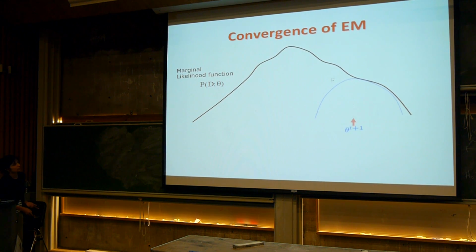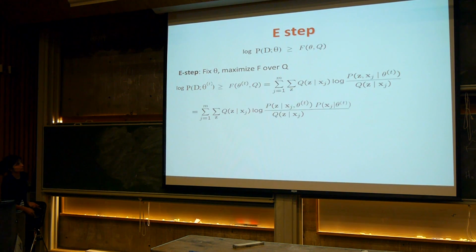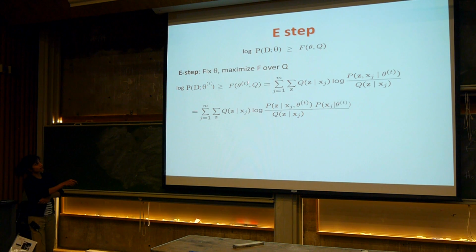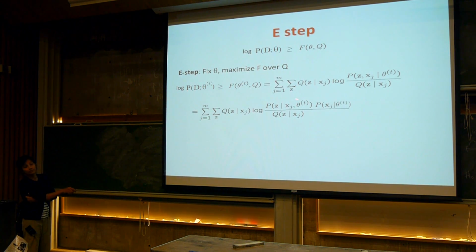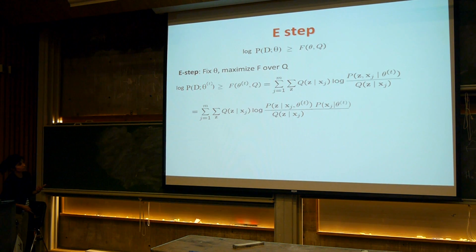All right. So let's get to our E step. Here's the E step. We are writing out that F just by definition. And notice that what I've done here is rewrite this joint likelihood of Z and X as Z given X times the probability of X, right? You can do that using Bayes' rule.